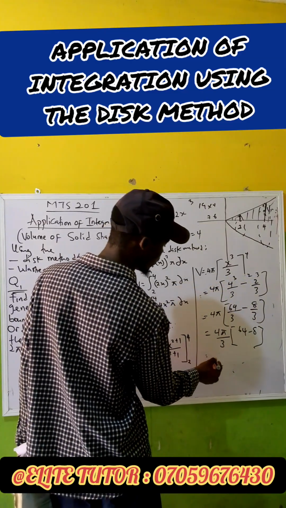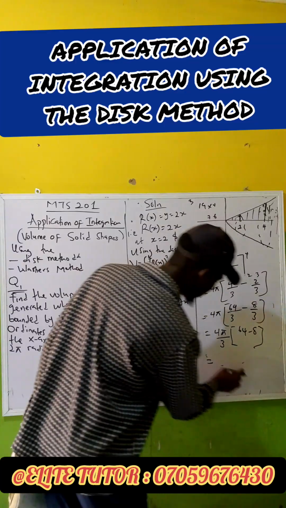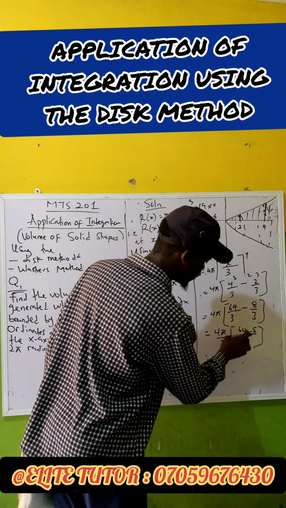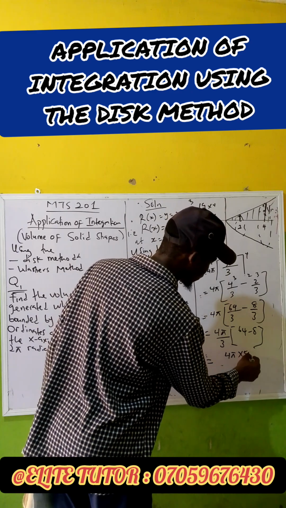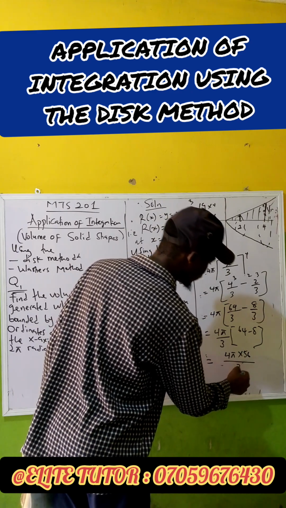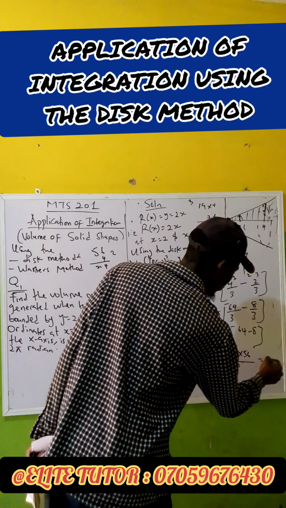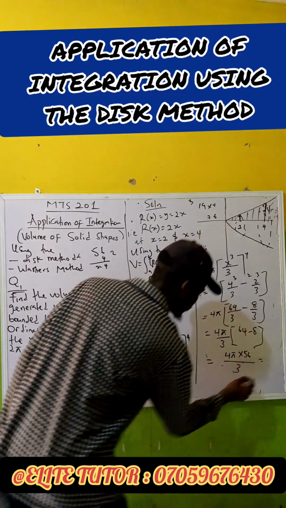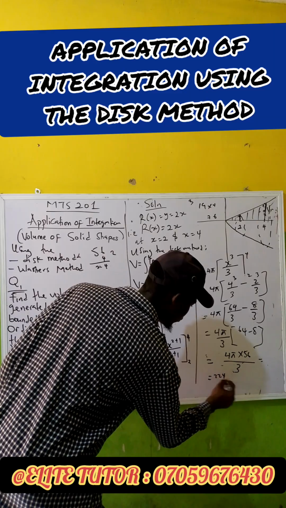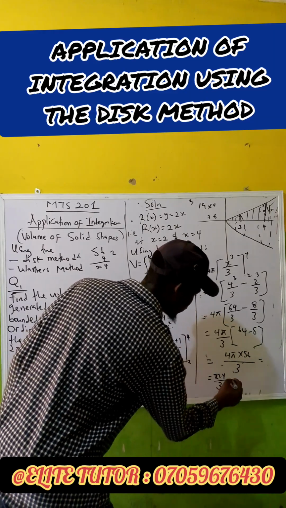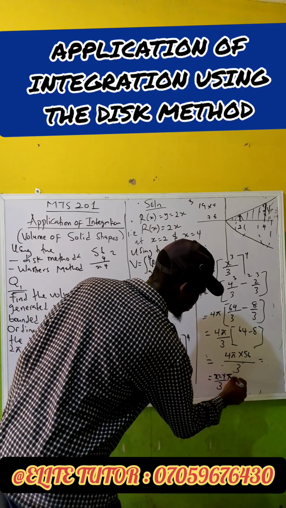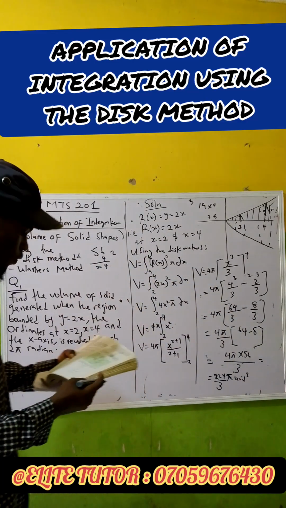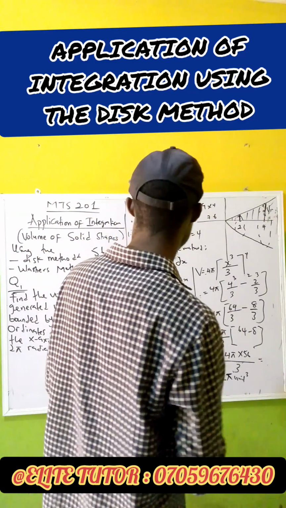At the end of the day, we have 4 pi multiplied by 56 over 3. So this becomes 224 over 3 pi unit cube. That's our final answer for this first one.